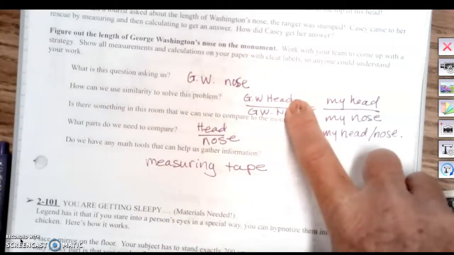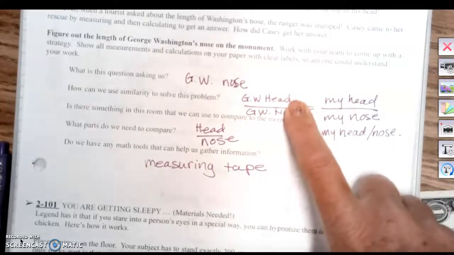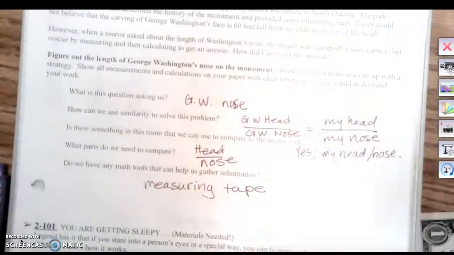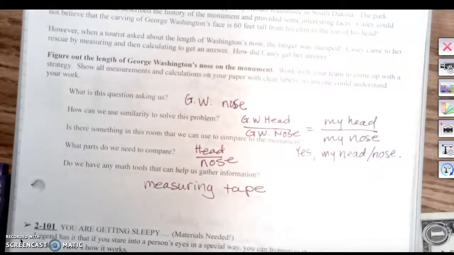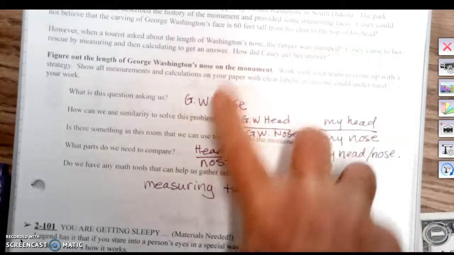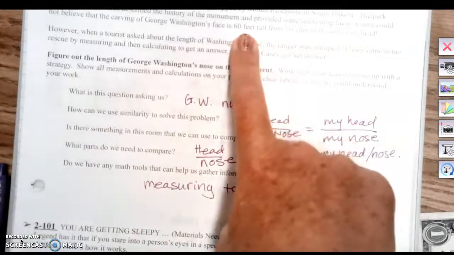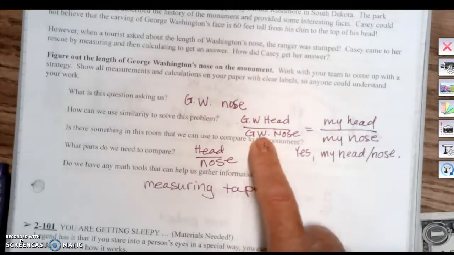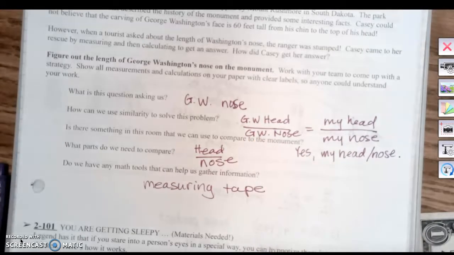So if we know the length of his head, which the ranger told them was how many feet? 60 feet tall. So we can take that measurement to the length of his nose, which we don't know, so that would be x, and we could base it on something that's similar but not exact, right?